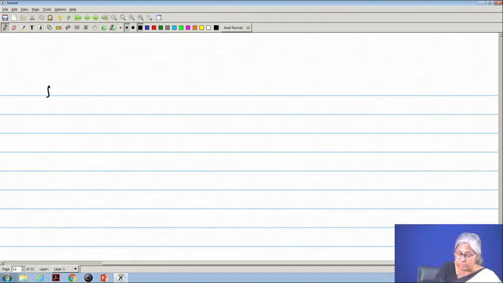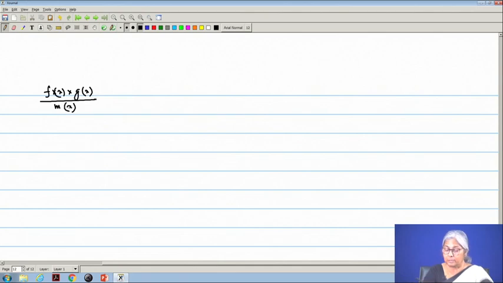Now, we have to divide. If I divide by mx, now I have to do fx into gx divided by mx, because rx is the remainder we have to take. We remember our mx is x to the power 8 plus x 4 plus x cube plus x plus 1.